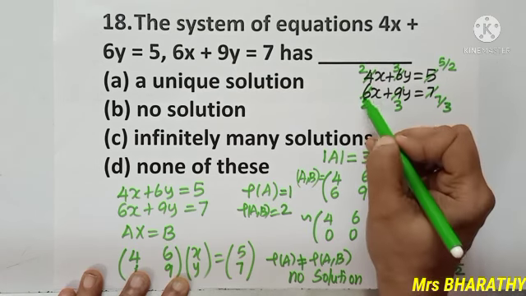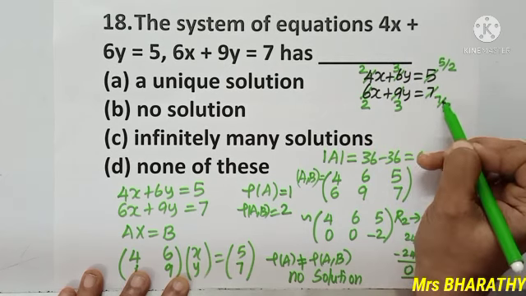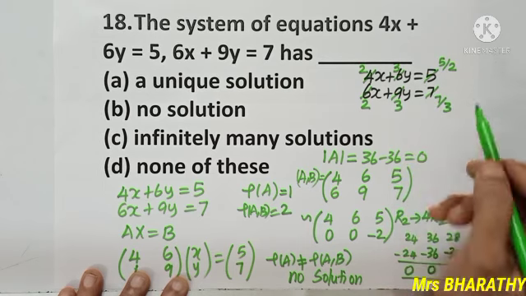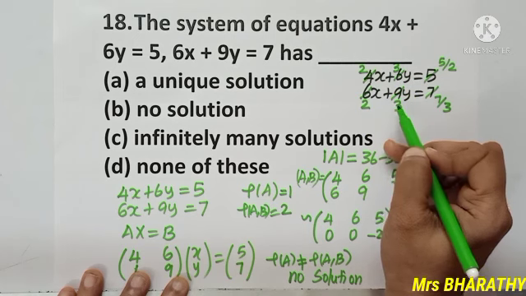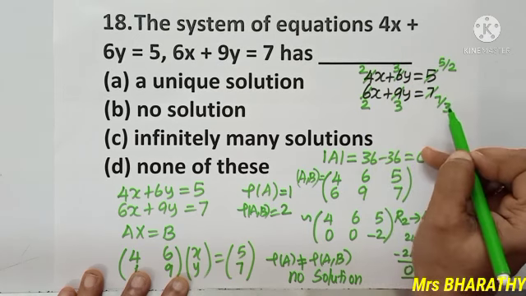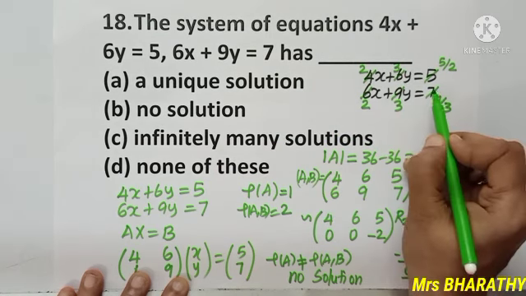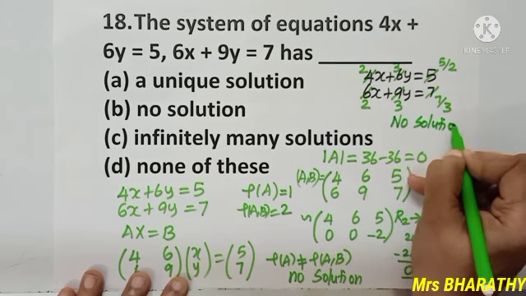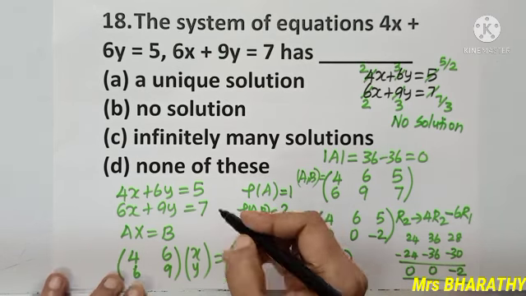Whenever I have same numbers on the left and the right also I have same numbers, we will say infinitely many solutions. But left side it is same, right side it is not so. Even without calculating all this, from this itself I can say no solution. So for problems of this pattern, learn to say the answer even without working.